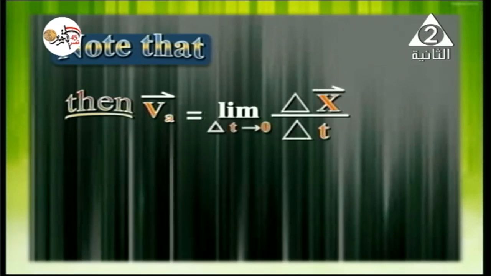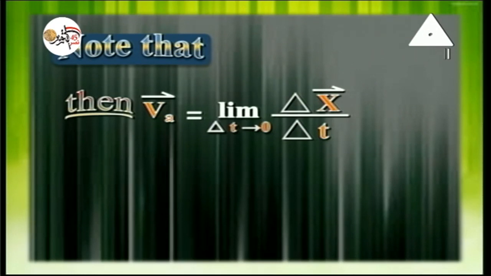Then, my dear student, the velocity equals the limit when delta t tends to 0 of delta x over delta t, the change of displacement with respect to time.